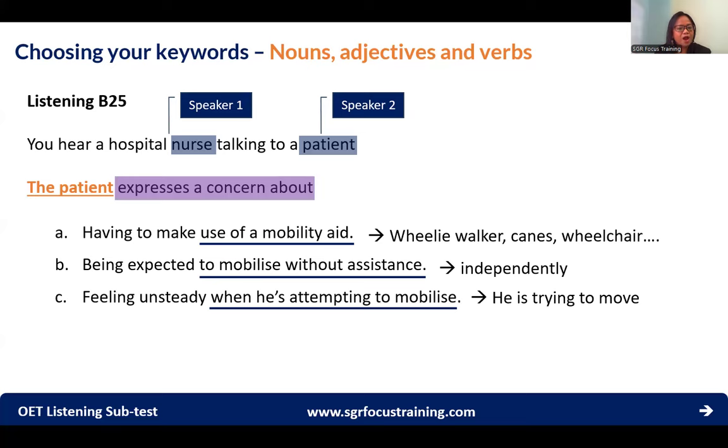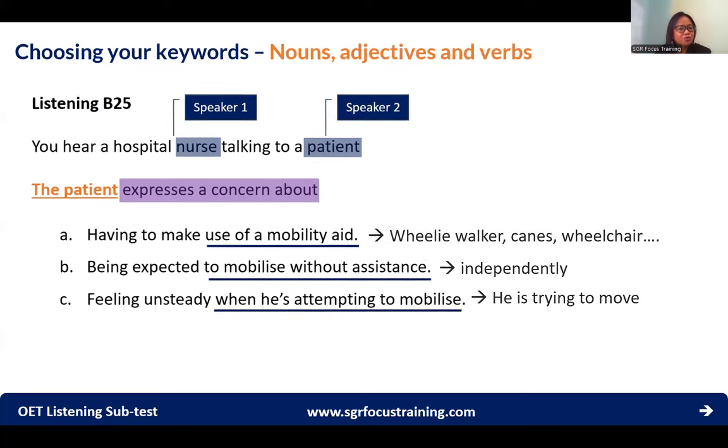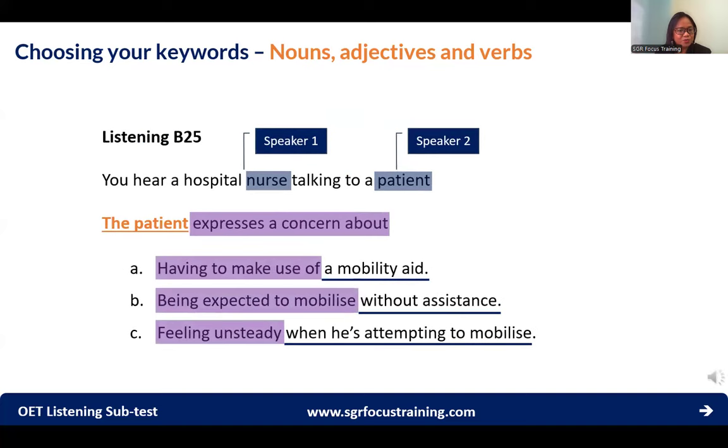So, which one out of our answer options is the patient concerned about? Is he worried about A, the use of a mobility aid? Is he worried about B, to mobilize without any help from anyone else? Or is he worried about attempting to mobilize on his own?